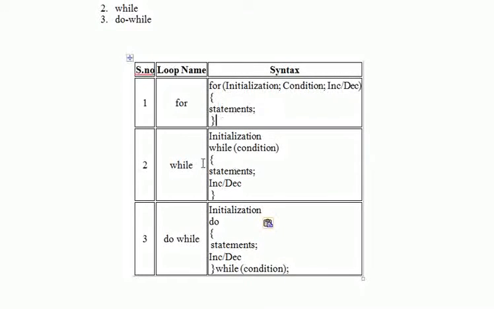In while, first we need to do initialization, then here we give condition, here statement, and in this block we need to also give increment and decrement.